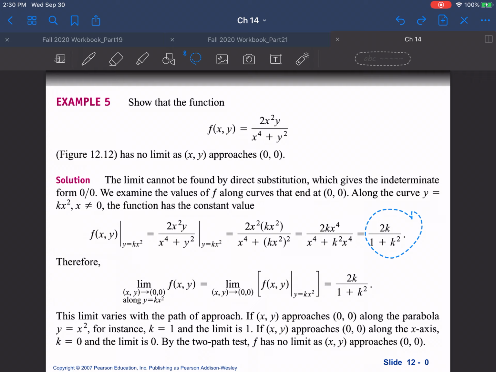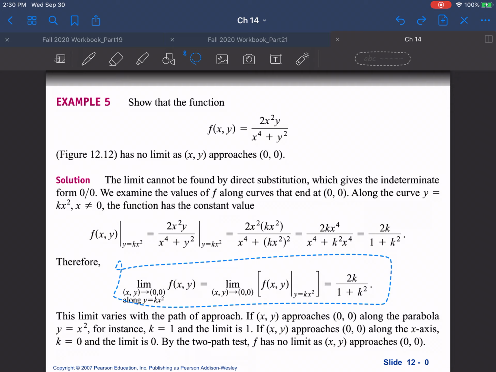So along any one of those curves we follow, we have a constant value everywhere along that curve, and therefore that's what our limit has to be. As we move along that curve, the limit stays that constant value. Now the problem here is that for different values of k, just like in the previous one, different values of slope give different limits.